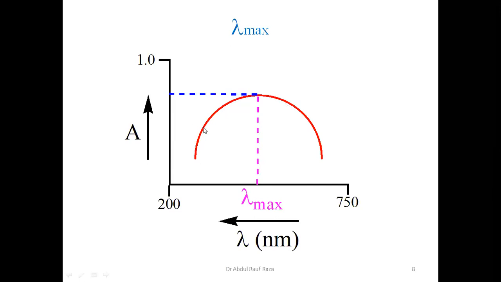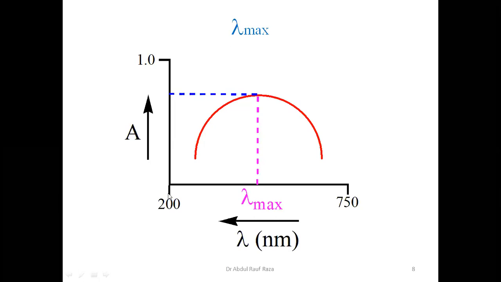At any position in this graph, it has the same concentration. So when concentration is the same, absorbance is varying. You see, here absorbance is different. Here absorbance is increased. Absorbance is further increased. It is maximum here. So when absorbance is divided by concentration, that gives you the epsilon value. So we can directly take the epsilon value from the graph.